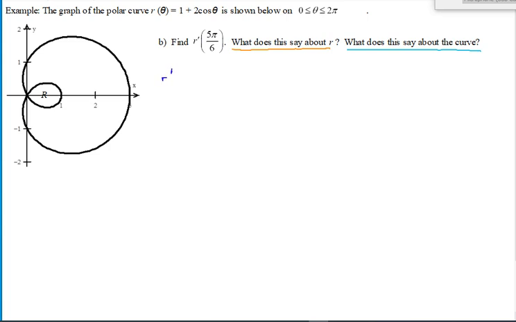So, r prime of theta, first I have to find the derivative before we can substitute in 5 pi over 6. Derivative of a constant 1 is 0. And the derivative of cosine, times the coefficient 2 on theta, has a negative sign, so that becomes -2 sine theta. And then we can substitute in our specific angle 5 pi over 6.